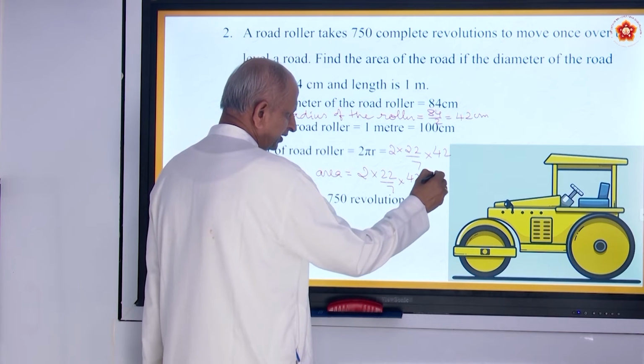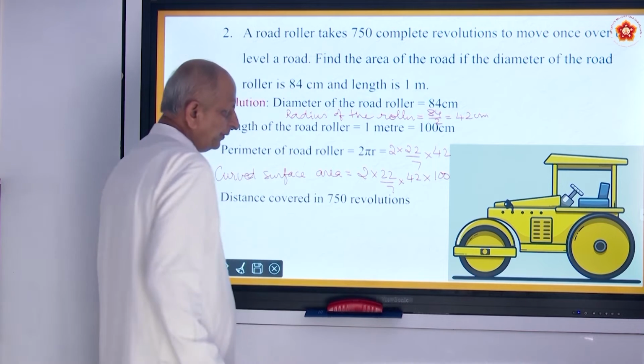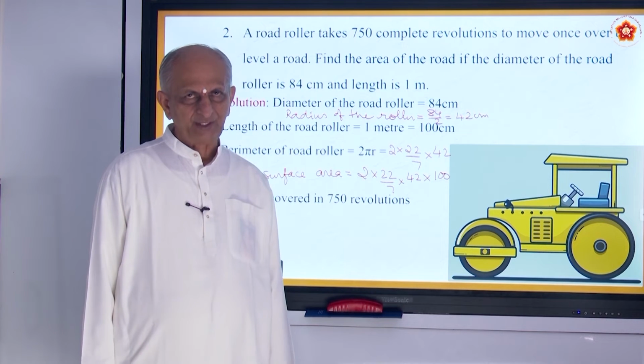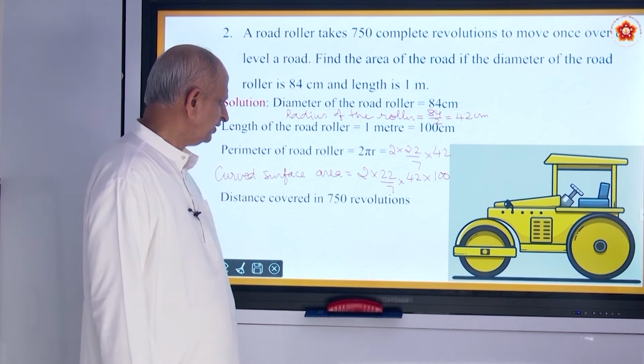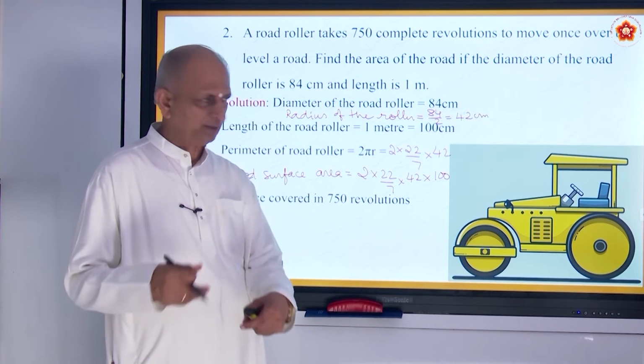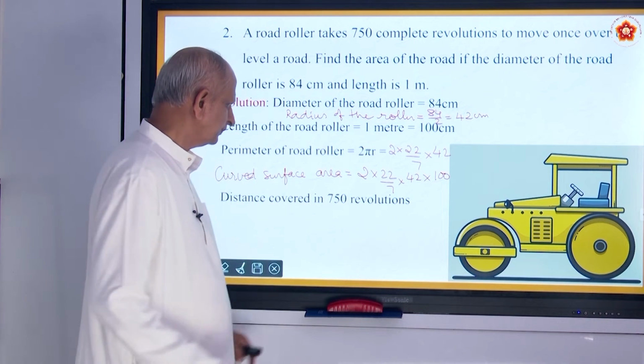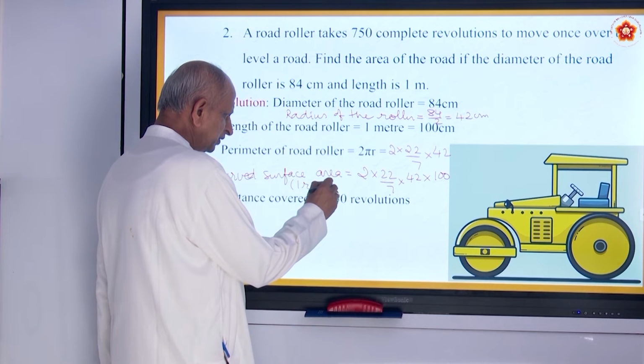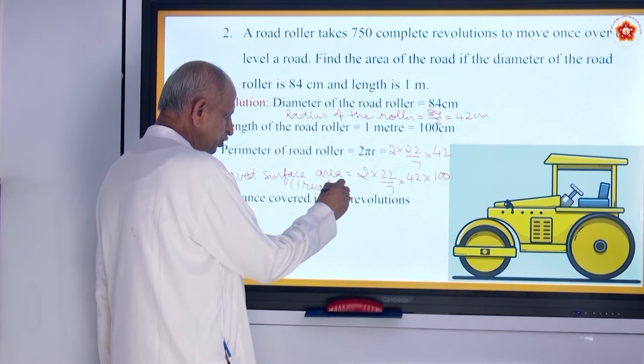H is 100. Everything you are writing in terms of centimeters. Correct? So this is the distance covered by the road roller in one revolution.